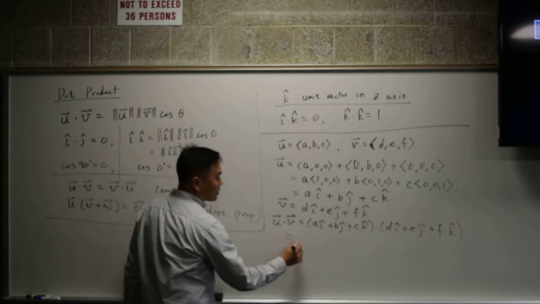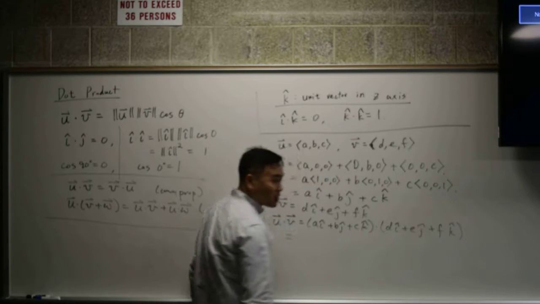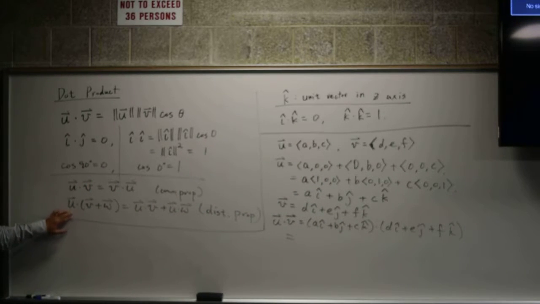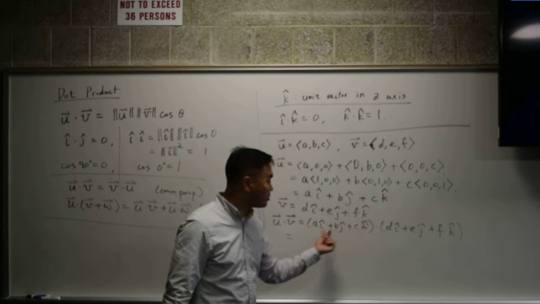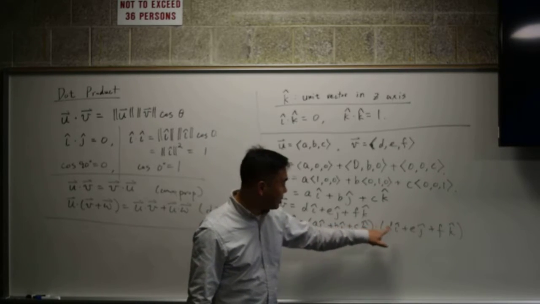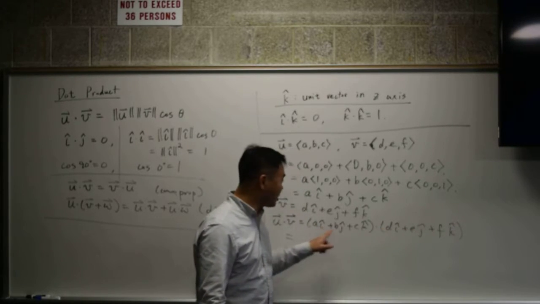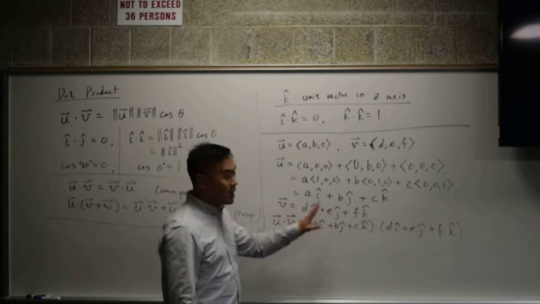And then you FOIL, right? So this first thing gets dotted with each individual one, because of the distributive property. You're distributing each element from the first one to every element in the second one, doing the dot product individually. So you have a total of 9 possibilities.